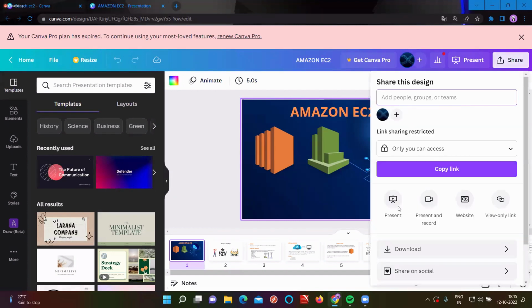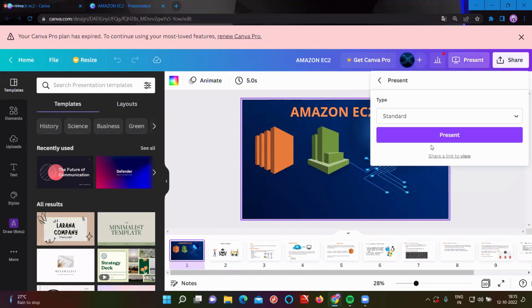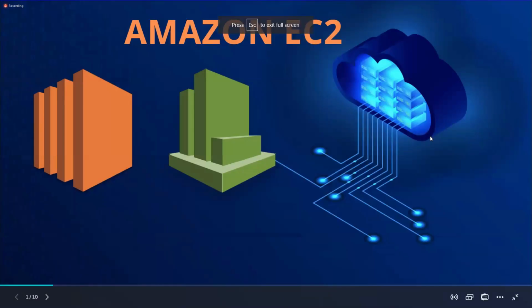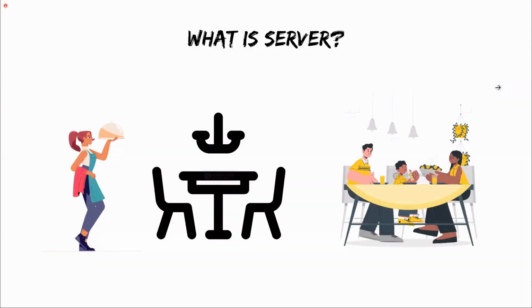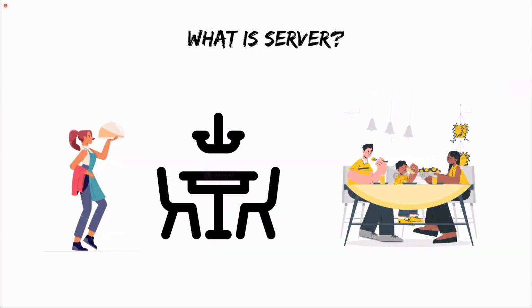On AWS, you call your servers EC2. Let's hold this part. I will explain what exactly EC2 is once after creating the account. But first of all, I'm going to cover what exactly a server is meant for. We have all gone to restaurants a lot of times, right? If you observe here, there are some diagrams. Are you able to see it, guys?